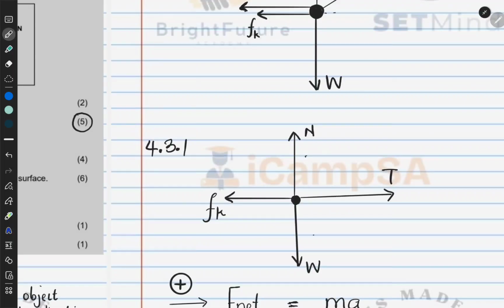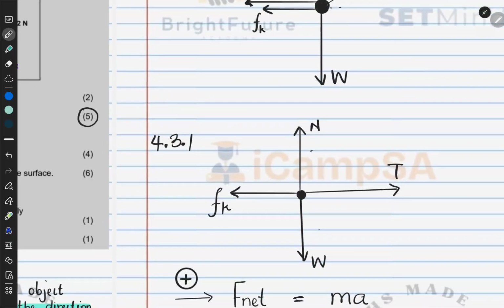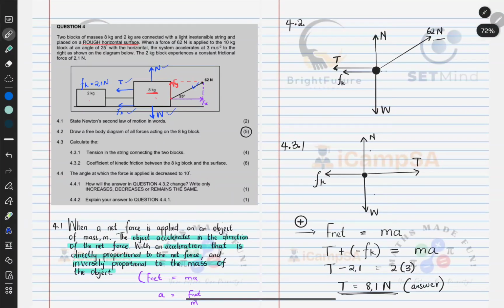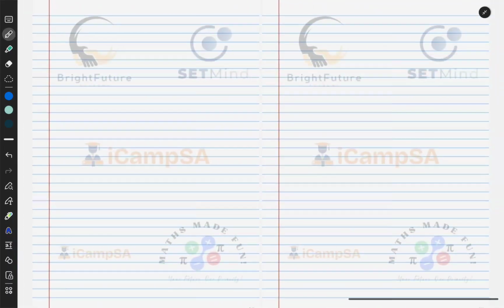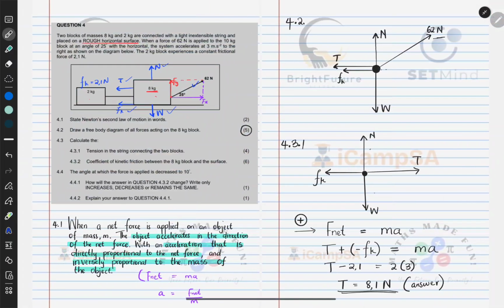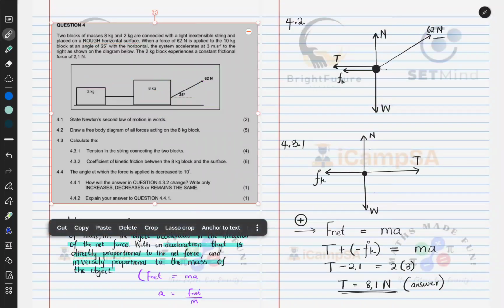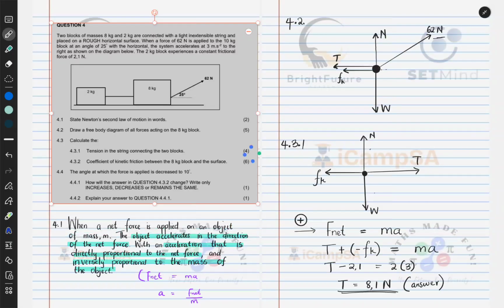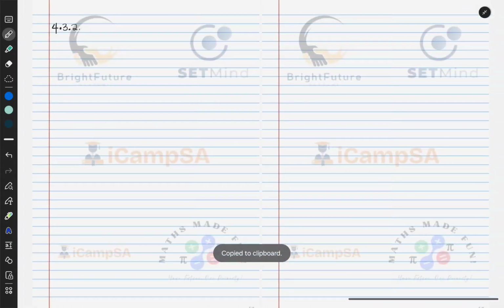It shows that you understand what you're doing. So now, let's go to 4.3. Okay, so what do they want here? They want the coefficient of the kinetic friction. Let me copy this whole thing so that we have it here as well.